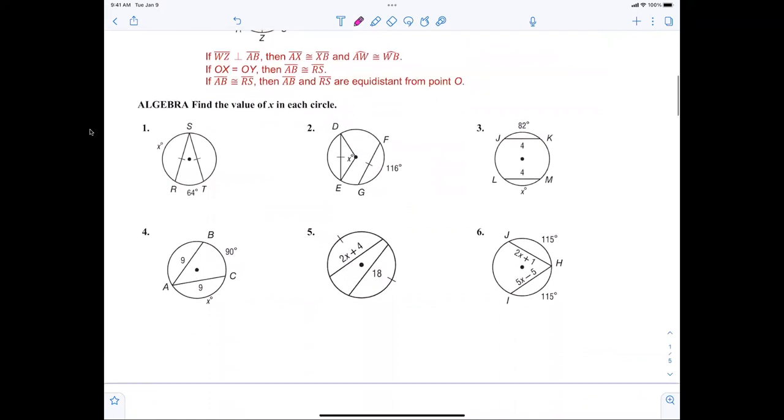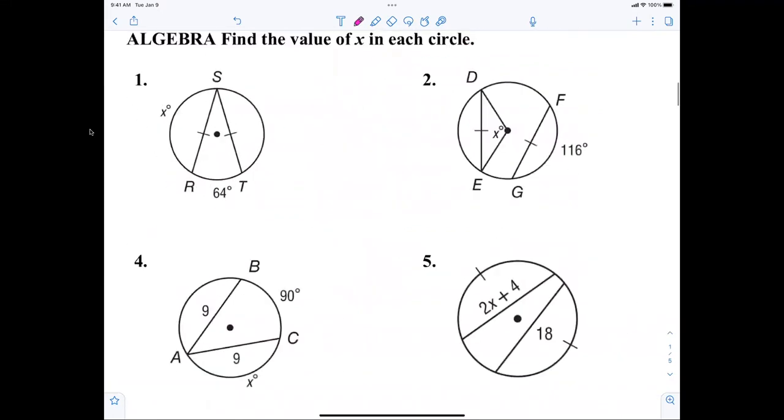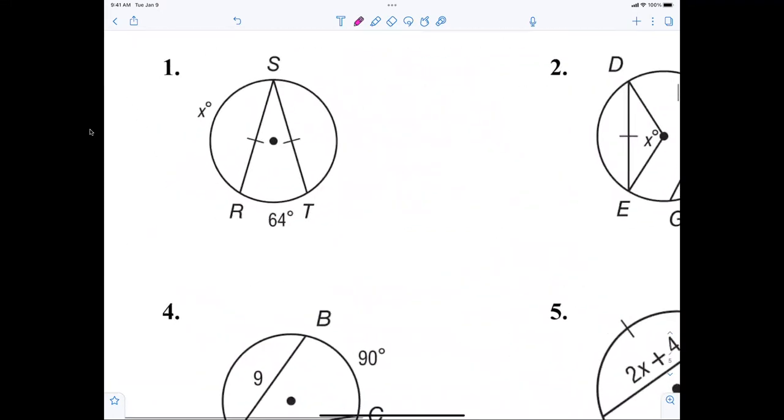So let's look down here at the problems. I need some help, which means I need your calculator out. Someone tell me what arc ST is. Variable wise, what is this arc? Somebody tell me.